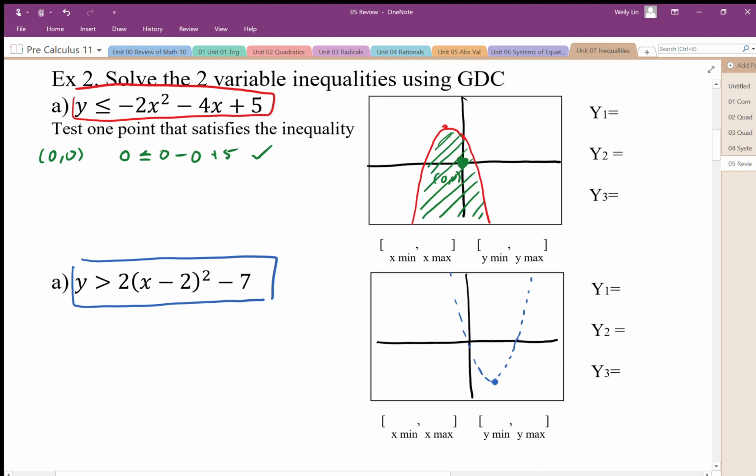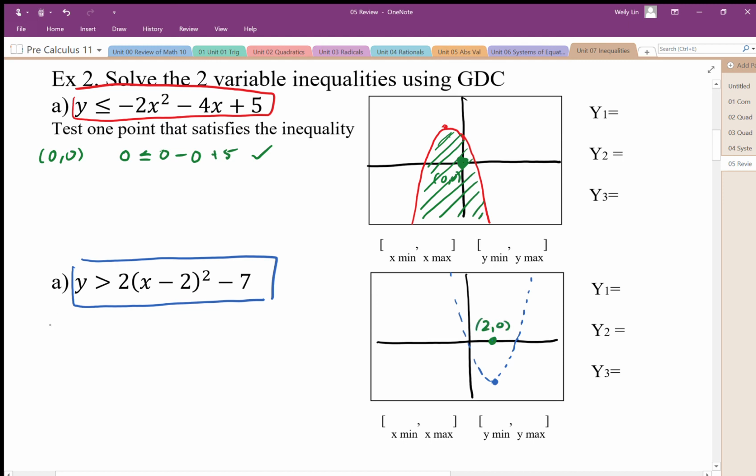Now, when we look at this inequality, it says y is greater than, so we should expect the solution to be above this line. So I'm going to test a point which I know is above the line. I'm going to use 2, 0.